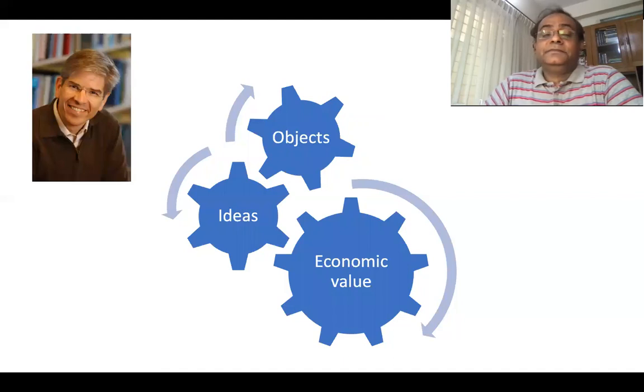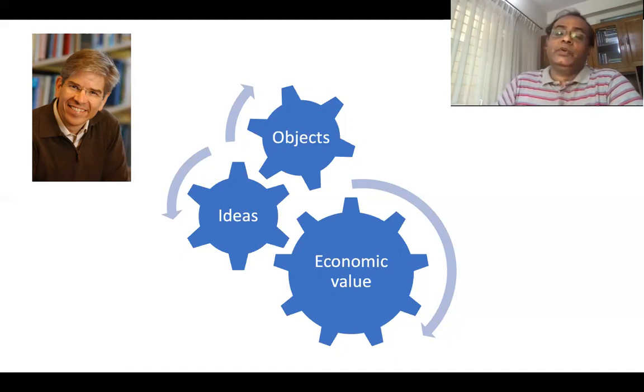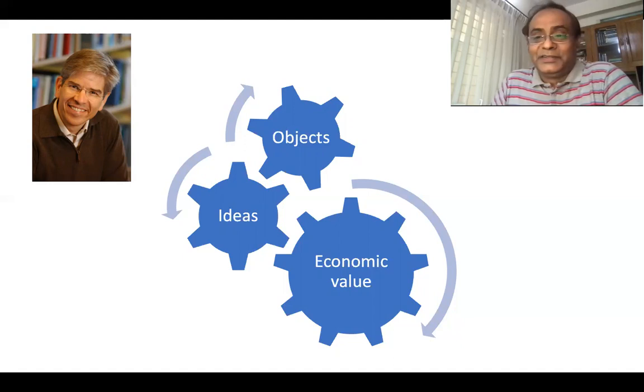And that's the place where economist Professor Romer came up with his articulation. That is, economic value is basically created through the combination of ideas and objects. Objects are like your material, like your factories, like your energy, like your labor, and many other things we need to produce a product.